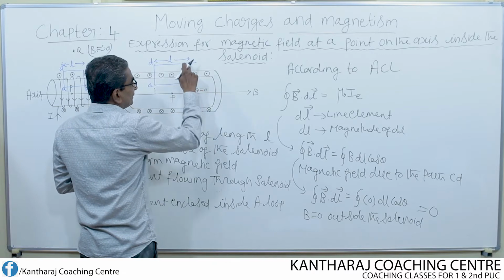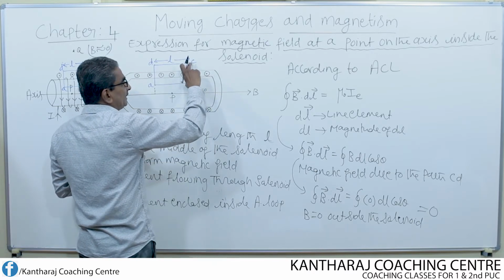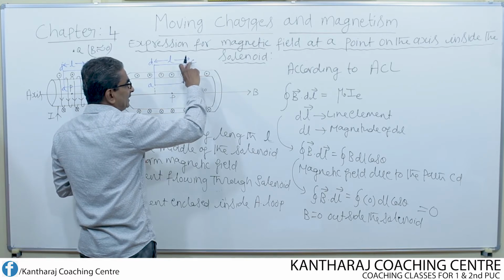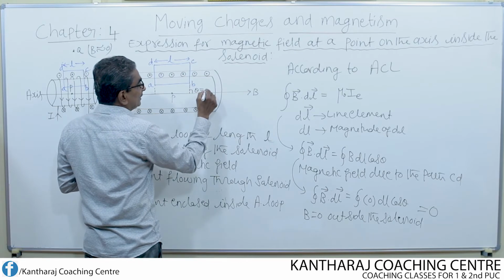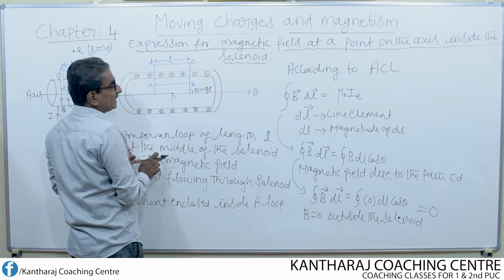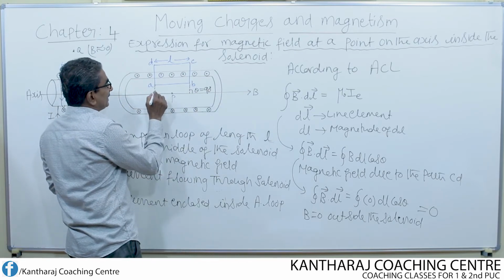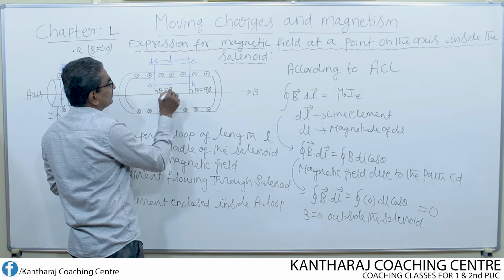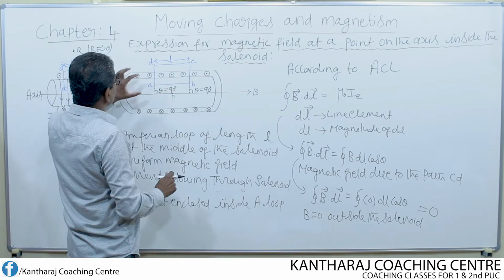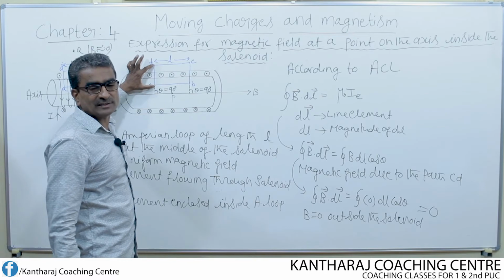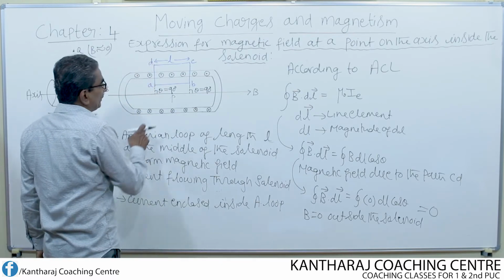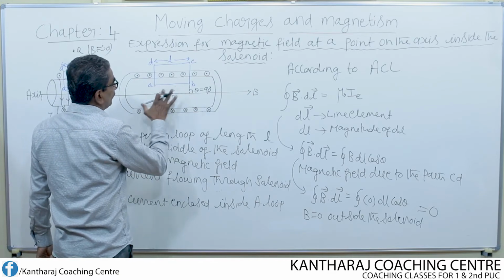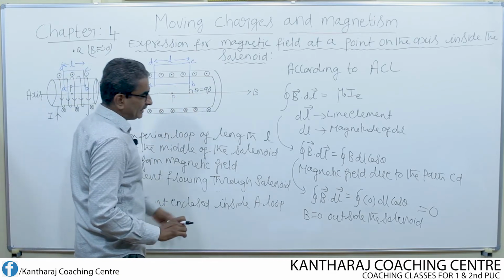If I choose CB itself as the line element dl, then the angle theta between dl and the magnetic field is equal to 90 degrees. Similarly, this angle is also equal to 90 degrees. If I choose this as a line element of length dl, then dl and the magnetic field direction are perpendicular to each other. So theta is equal to 90 degrees.